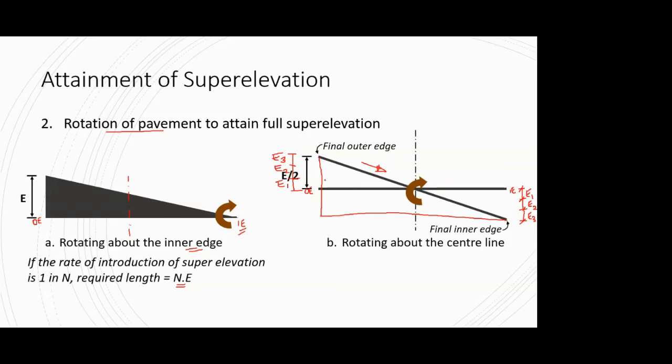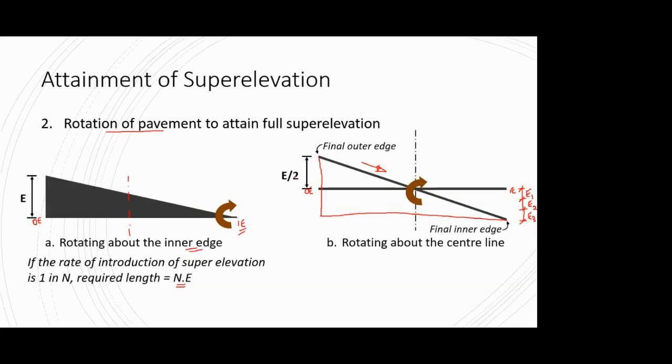But now, on the outer edge, I have raised the outer edge only by an amount of E by 2. Suppose I found out from the design that I have to provide a 7% superelevation, and suppose 7 meter is the road width.